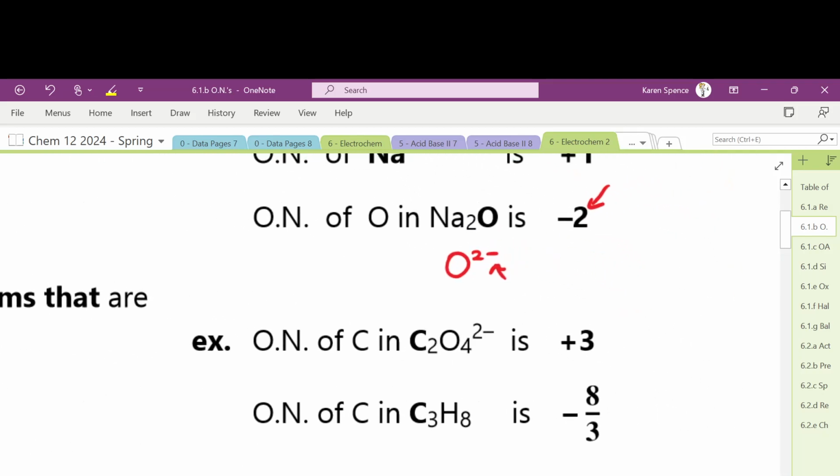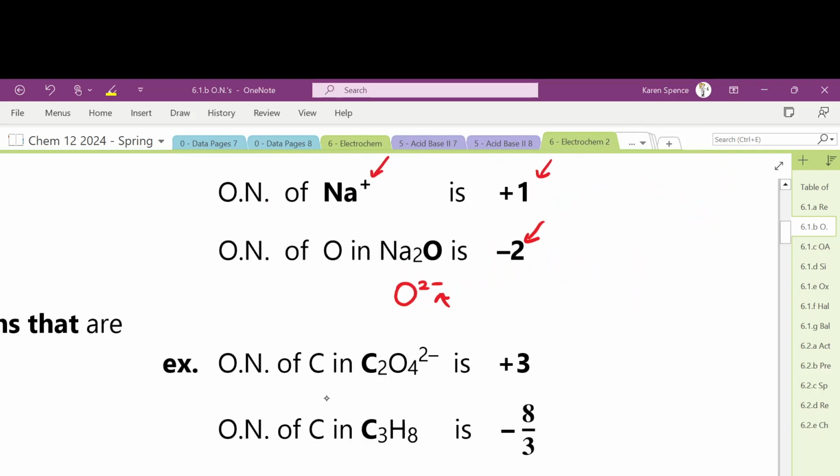So the oxidation number of carbon in C2O4 2- is +3. And you might say, how on earth did you do that? And I will say to you, that's okay, we're going to learn how in just a moment or two. The oxidation number of carbon in C3H8 is -8/3. Yes, you can have fractions.